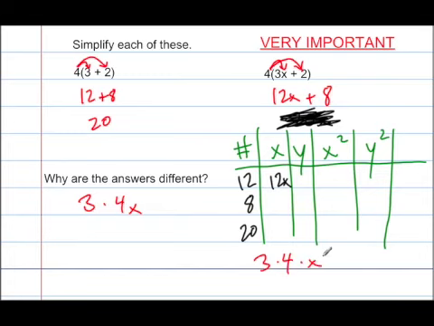So now, if you cover this part up, 3 times 4, what is that? Well, that's 12. And then x, I just bring it down, 12x. So that's as far as I can go. I can simplify this because 3 and 4 are like terms, 12x. So in multiplication and division, it's a little bit different. But with addition and subtraction, if they're not like terms, you cannot go on.